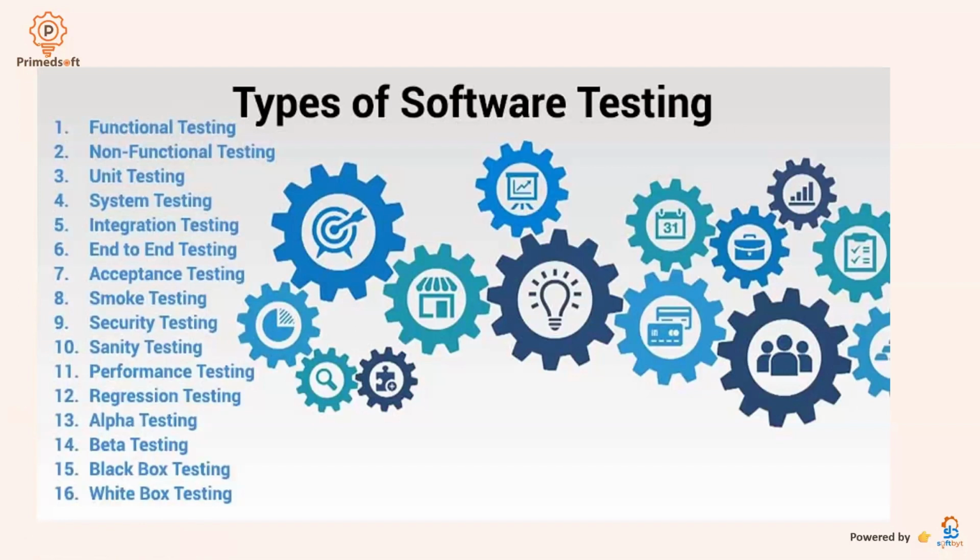You can navigate to the web or mobile application and see the functionality they've developed, and you test it according to the requirements. You are not looking at the logic the developer has written. That is black box testing.